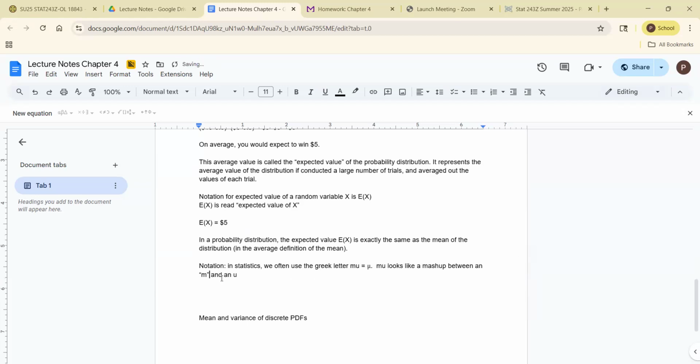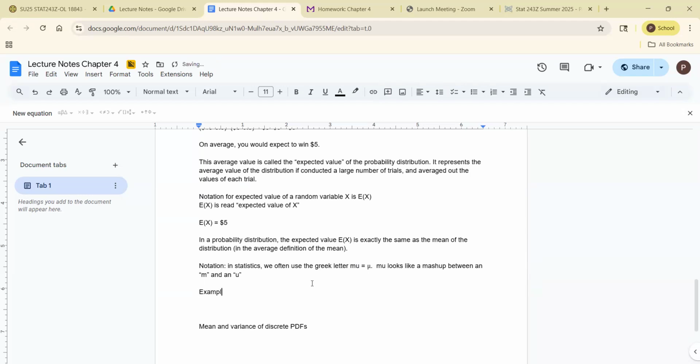Because most of my notes are going to be typed, I'm usually going to be using the MU spelling as opposed to the Greek letter spelling. And same thing in R.